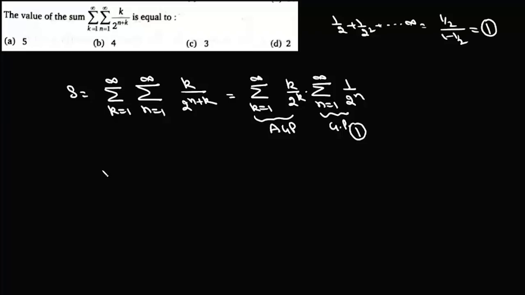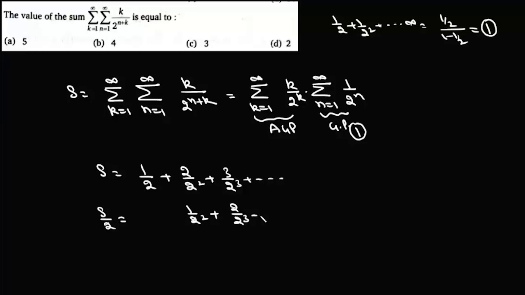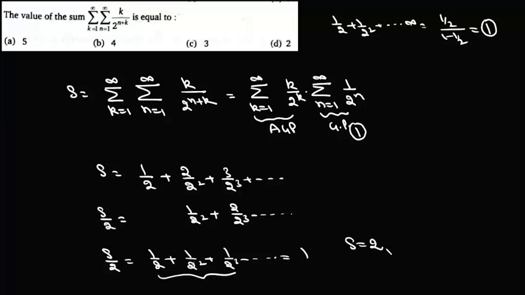And if we solve this AGP, this sum, it is 1 upon 2, 2 upon 2 square, 3 upon 2 cube, and we write s by 2 as 1 upon 2 square, 2 upon 2 cube, and we subtract, we'll get s by 2, and this is 1 by 2 plus 1 by 2 square plus 1 by 2 cube, which again is a GP whose sum is 1. So the value of this sum is simply 2, and that's your option D.